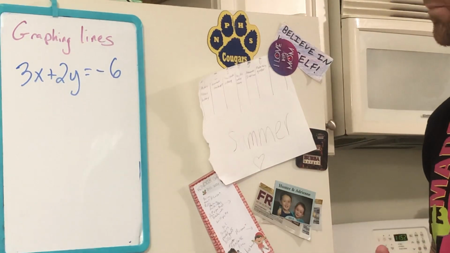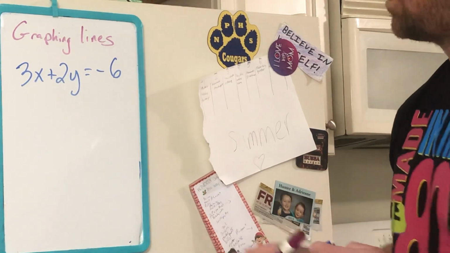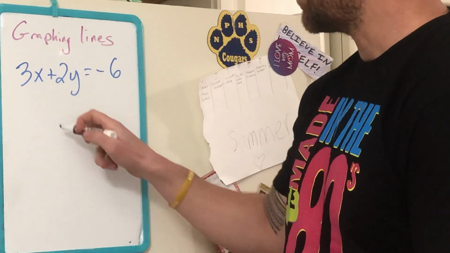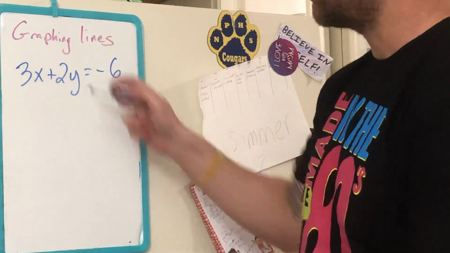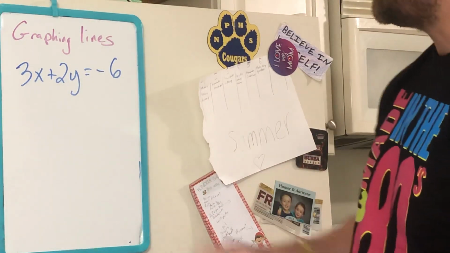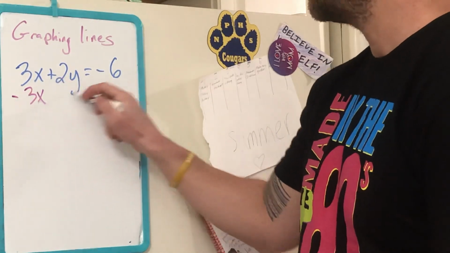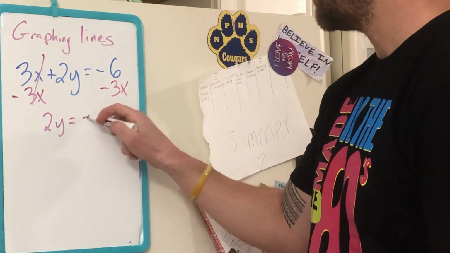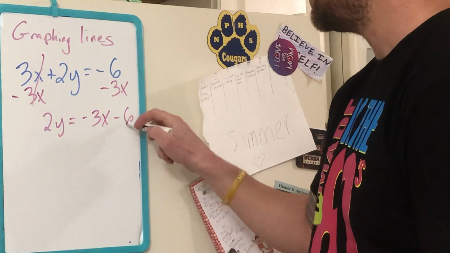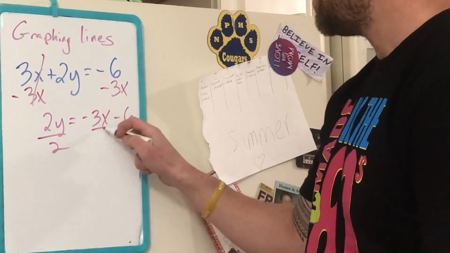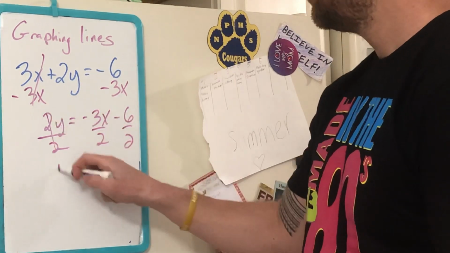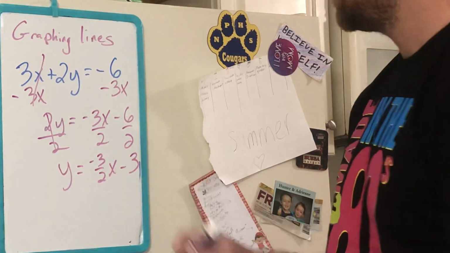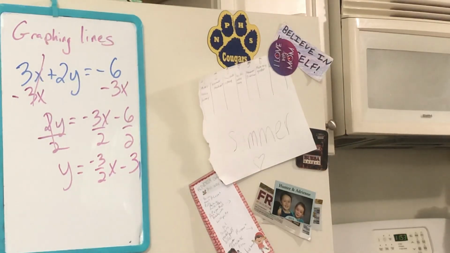I think probably the most common way is slope-intercept form, which means we got to get it into y equals mx plus b, the way the other graphs were. So I got to subtract 3x from both sides. So I have 2y equals -3x minus 6. Then I divide everything by 2. So that's y equals -3 over 2x minus 3.